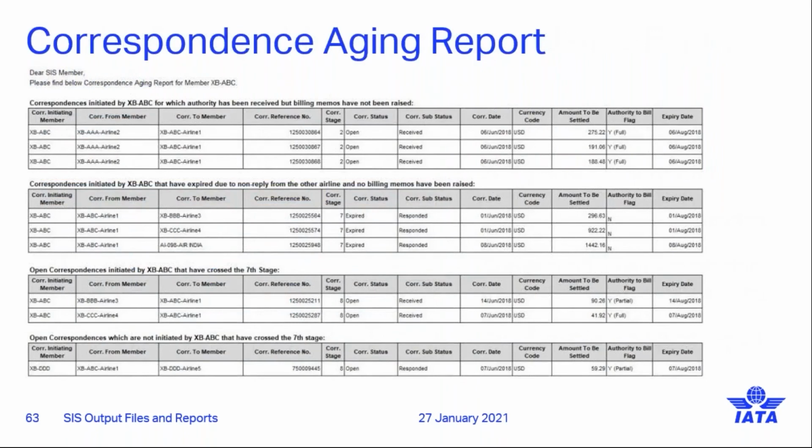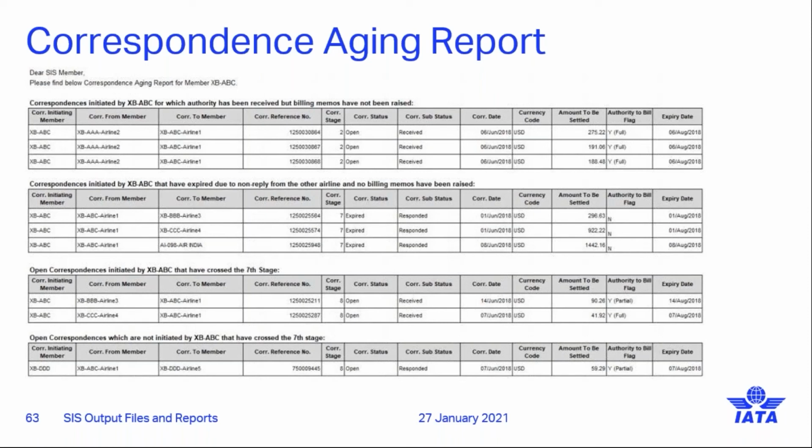The correspondence aging report generates this screenshot, and it goes to that contact we just mentioned. Now, there are 4 points of this report, and this is what they are. The first point being a list of correspondences initiated for which authority has been received but billing memos have not been raised. The second point being a list of correspondences initiated that have expired due to a non-reply from the other airline and no billing memo has been raised.